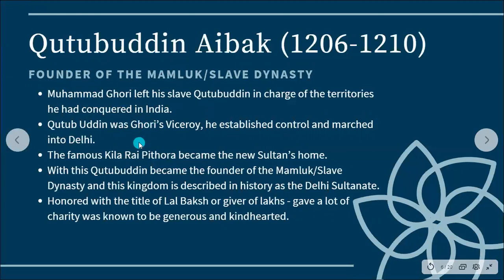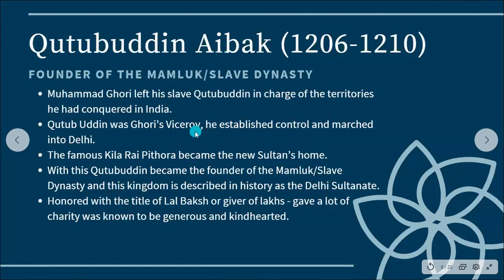in India, right? Kutubuddin was basically Muhammad Ghori's viceroy, right? So after Ghori left, and in fact even died on his way back to Afghanistan, Kutubuddin established control and marched into Delhi, right?